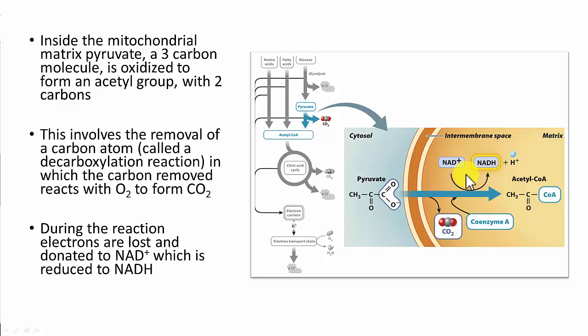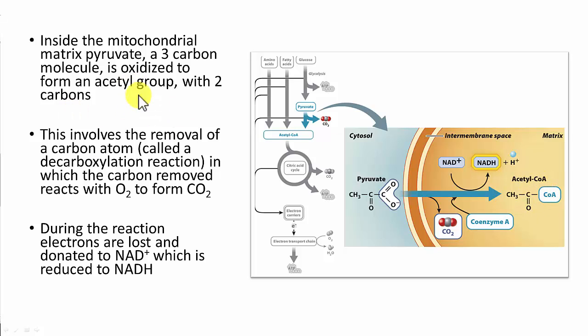Now, one other interesting thing that happens here is the 2-carbon compound is too small, apparently, to function on its own. And so this is somewhat of a random thing, but this is what happens in nature. So this 2-carbon molecule has to actually be picked up and carried by what's called a coenzyme. And the name of this coenzyme is called coenzyme A. CoA is the abbreviation here.